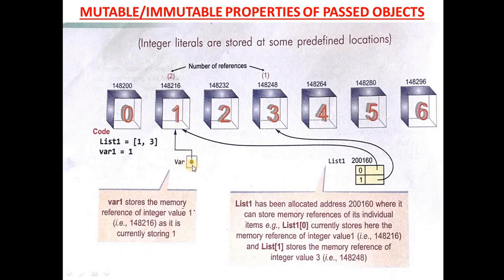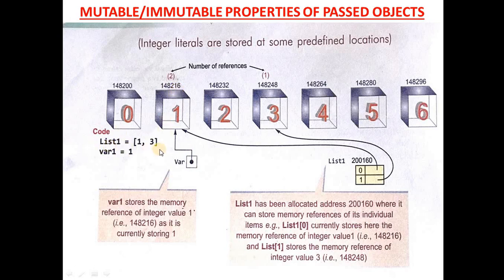So when you ask for the ID of var, it will show only this, to which it is pointing. Here var is an integer, and because you have written 1, it will be pointing to the predefined location of 1, which is 148216. So var's memory is this.